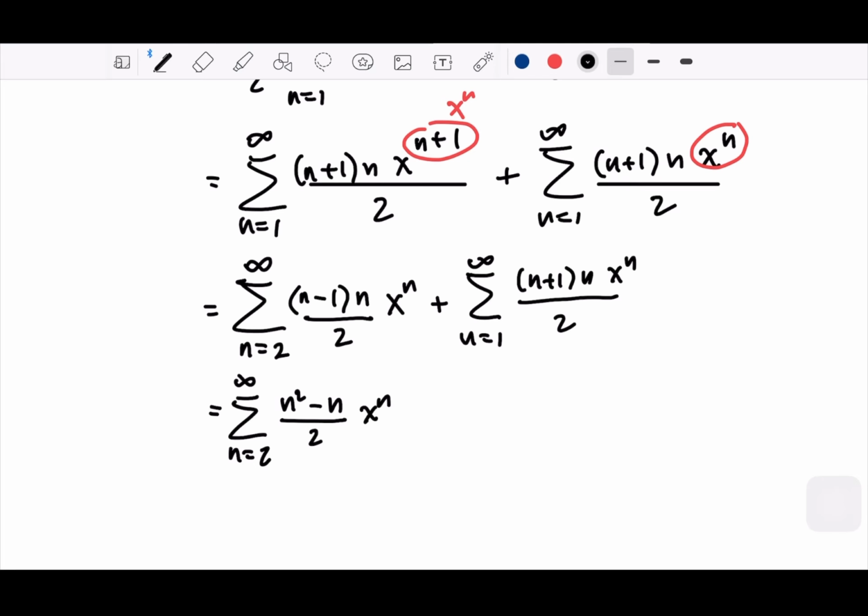Okay. And then to make it 2, we can take this n equals 1, and then we can input all the n. So we will get 2 multiplied by x to the power of n divided by 2, which is just x. So we can plus x and then plus.